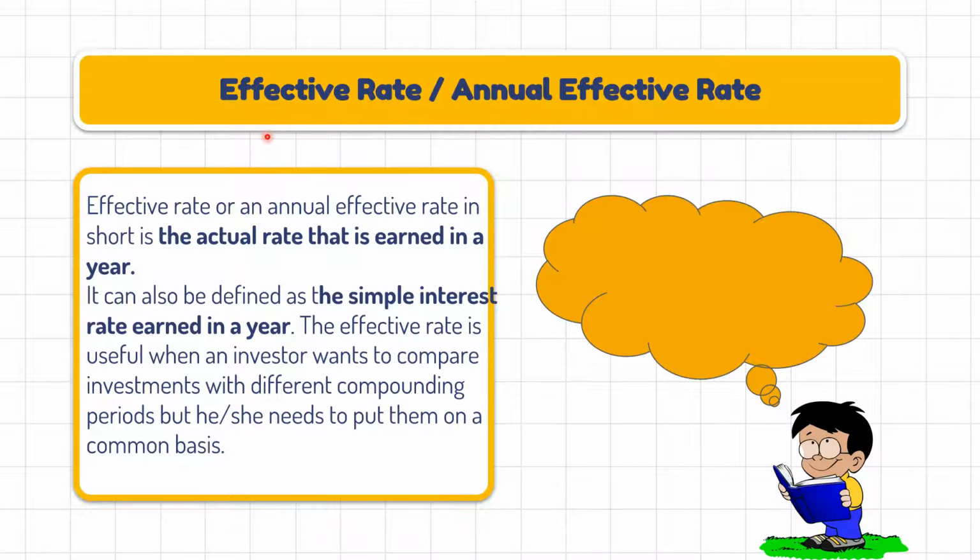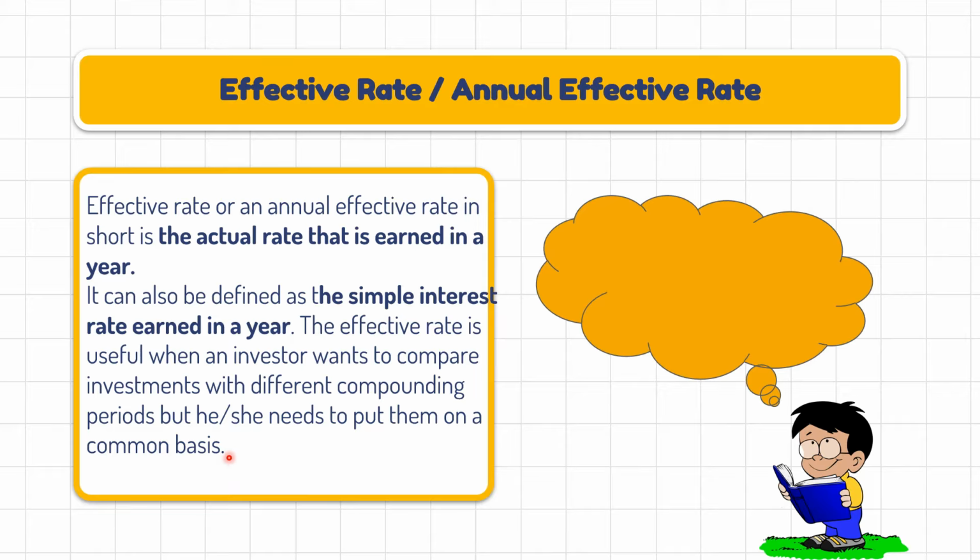Next, let's look at the effective rate or annual effective rate. What is effective rate? Effective rate, or annual effective rate in short, is the actual rate that is earned in a year. It can also be defined as the simple interest rate earned in a year. The effective rate is useful when an investor wants to compare investments with different compounding periods, but he or she needs to put them on a common basis.